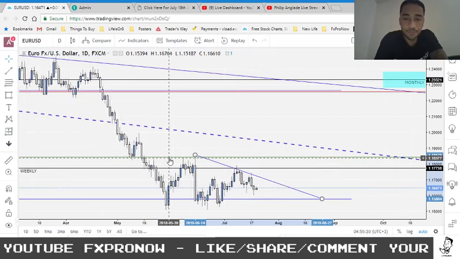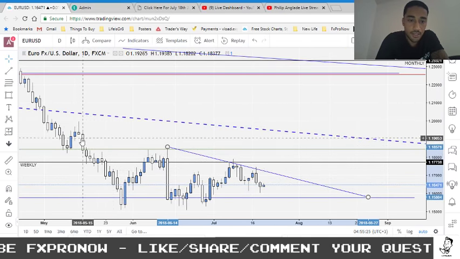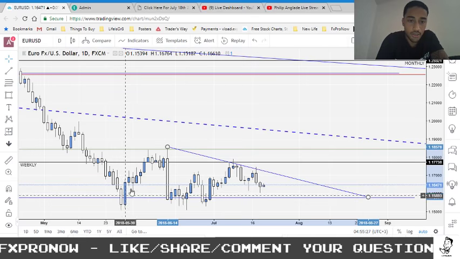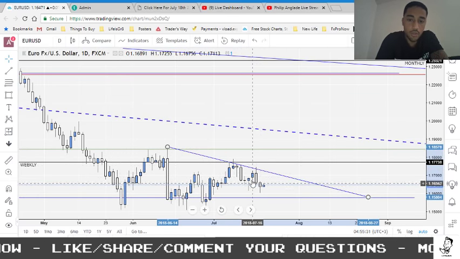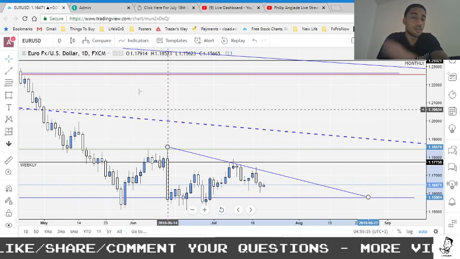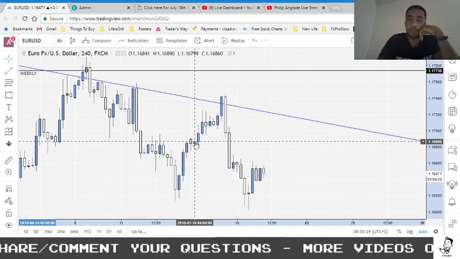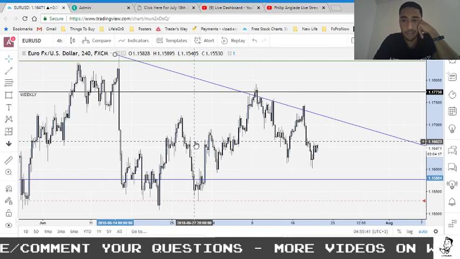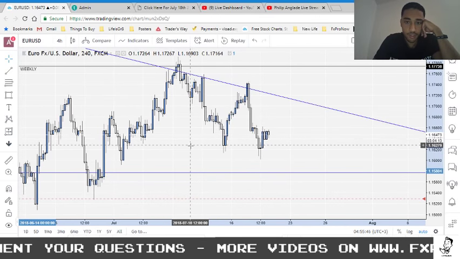So I see a descending triangle forming, and I see that it hits this point right here, shoots up, hits it again, shoots up, and then what do you think it's looking to do? I see it looking to, if anything, start dropping. So now I'm going to go onto the 4-hour time frame, right? And I'll see, okay, what's going on here?